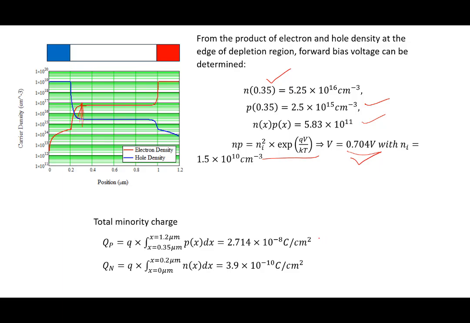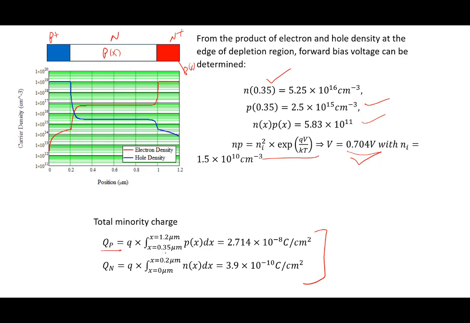All right, so the other thing that I can calculate at this particular point is the total minority charge in my diode. Note that this is P plus, this is N, and this is N plus. So I'm looking at the hole density p(x) here in the N region, and this is the total minority charge.